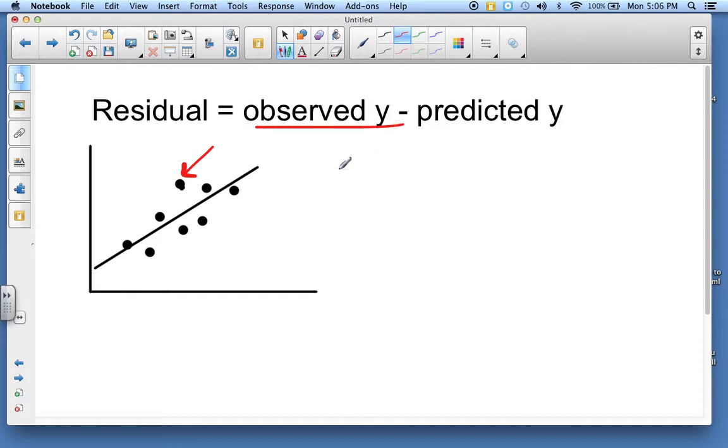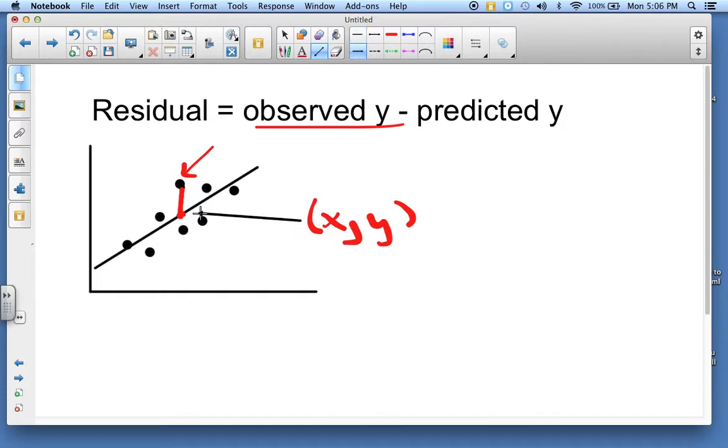What I'm going to do is draw a line straight down to the line of best fit. Now, whatever this coordinate point is, that's going to be x, comma, y.